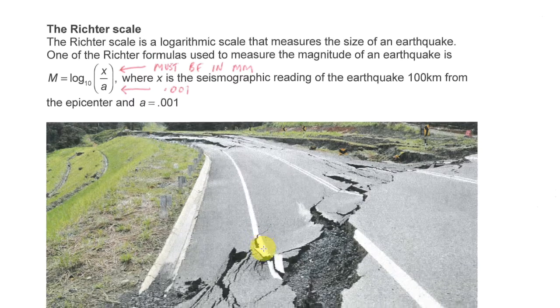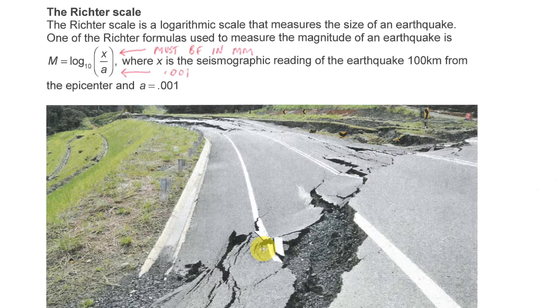Alright, let's look at some models. So the Richter scale. The Richter scale is a logarithmic scale, a way of measuring the size of earthquakes. One particular technique: the magnitude is equal to log base 10 of x on a, where x is the reading of the earthquake 100 kilometers away, and this must always be in millimeters.